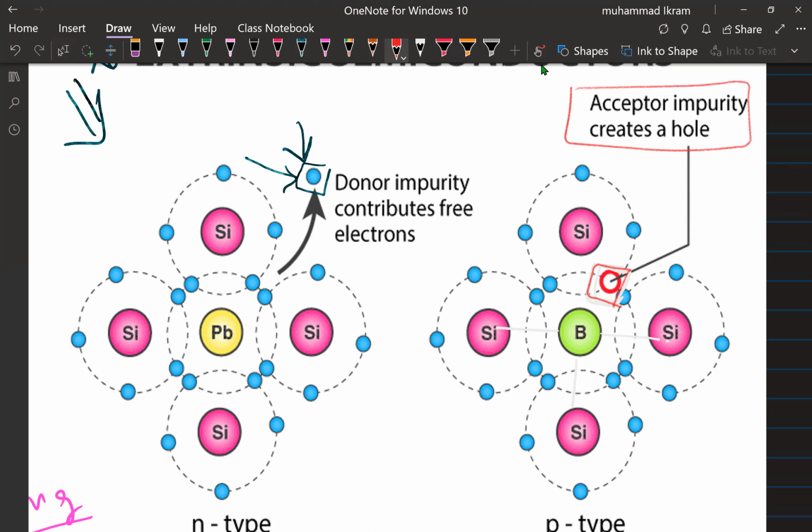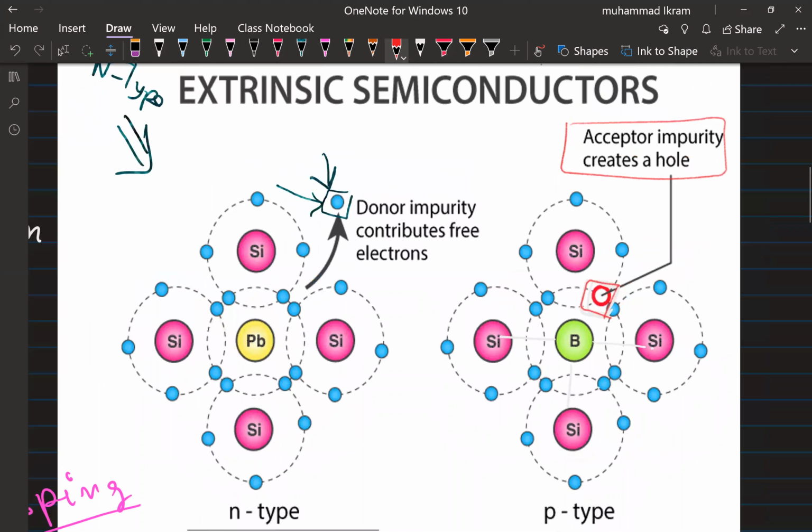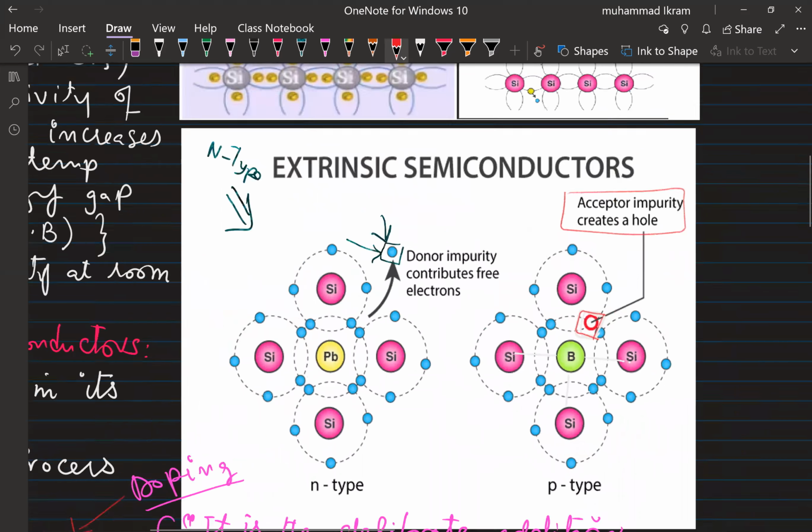Actually, there is no such thing as holes moving. They are fixed at their position. But when an electron jumps from somewhere here, then at that point another vacant site is created, and it seems as if the holes are moving. In fact, holes are not moving. These are actually the electrons which are moving after the holes. So when you apply an external potential difference, the current carrier in this case will be the hole.